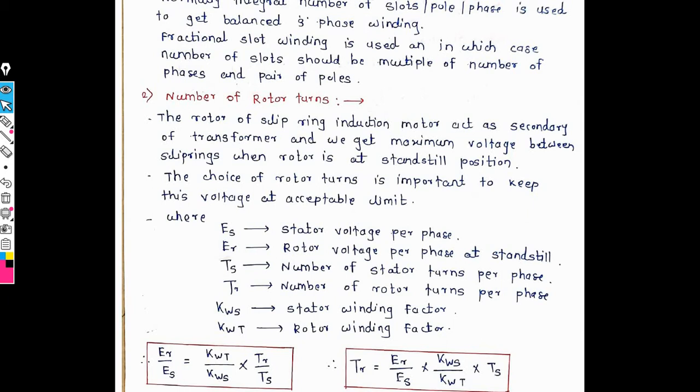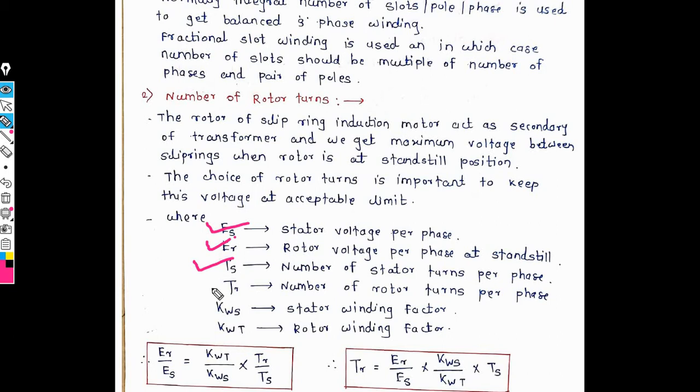Now these are the several symbols used to find the formula for the number of rotor turns. ES means stator voltage per phase. ER means rotor voltage per phase at standstill. TS means number of stator turns per phase.